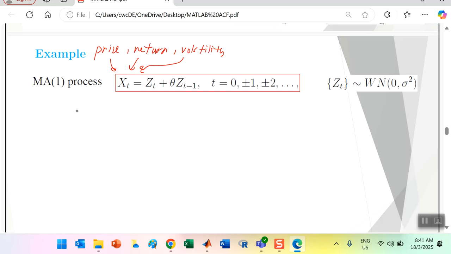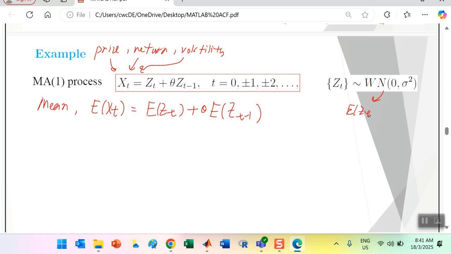Normally we start with the mean, where the mean value, which is the E of XT, equates to the E of ZT, as the expected value operates on the ZT. So from this equation, we find the E of ZT is equal to 0.